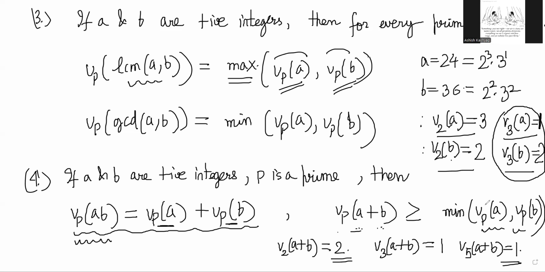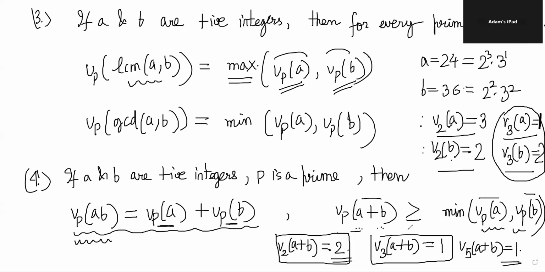Notice that equality happened for primes that both of them had, and also equality happened when V_p(A) was not equal to V_p(B). For example, when V_2(A) was not equal to V_2(B), then V_2(A+B) was equal to this minimum.